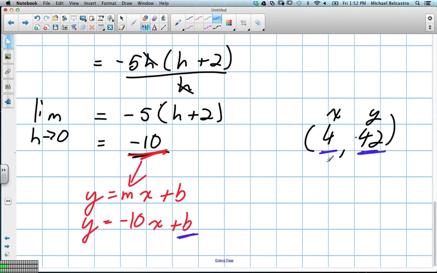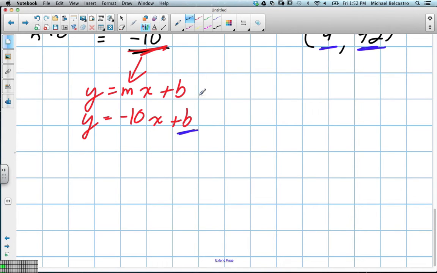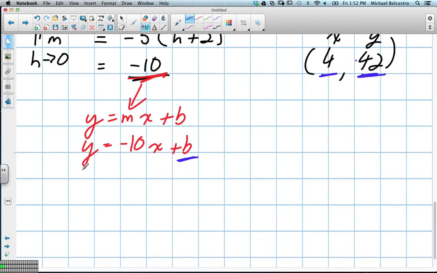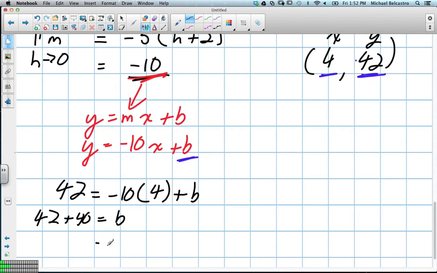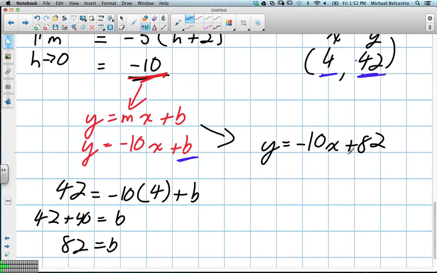We plug in x and y: 42 equals negative 10 times 4 plus b, which gives us 42 plus 40, so b is 82. So the equation of the tangent line at the point 4 is y equals negative 10x plus 82.